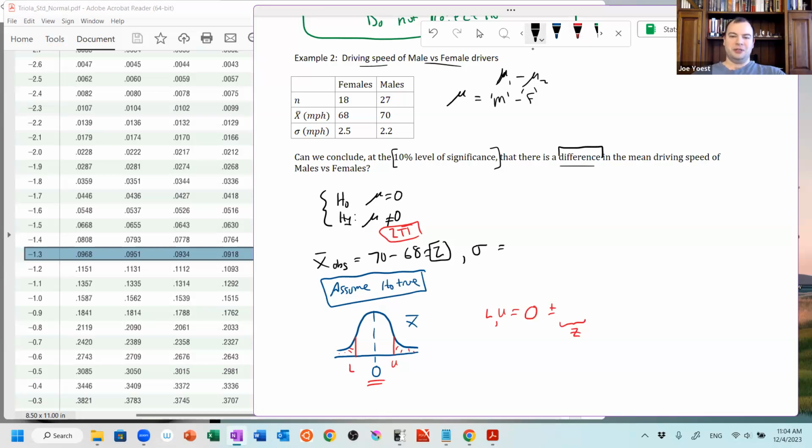We also need to know sigma. So what is sigma? It's the square root of the sum of the individual standard errors. And I'm going to try to respect the 1 minus 2, males before females, and all of these so that we have consistency, even though it wouldn't be a big deal if you got them backwards. So 2.2, here we're given sigma, so we need to square that over 27, and 2.5 squared over 18.